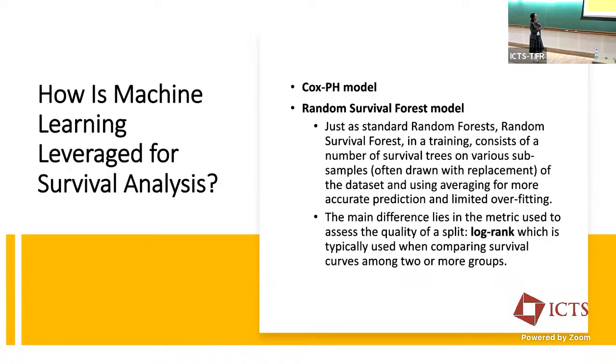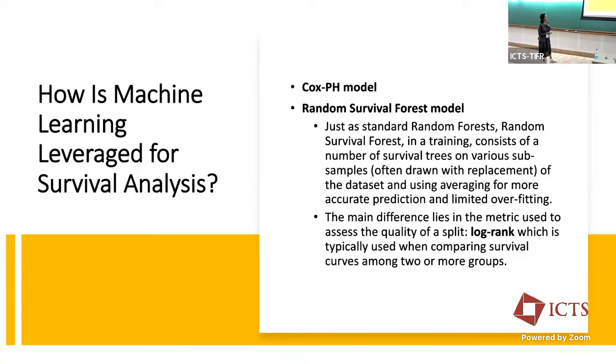We have the algorithm for the Cox-PH model itself, in different versions. And then we also have the random survival forest model. Just like standard random forest, random survival forest in training consists of a number of survival trees. It's an ensemble method, using averaging for more accurate prediction and limited overfitting.